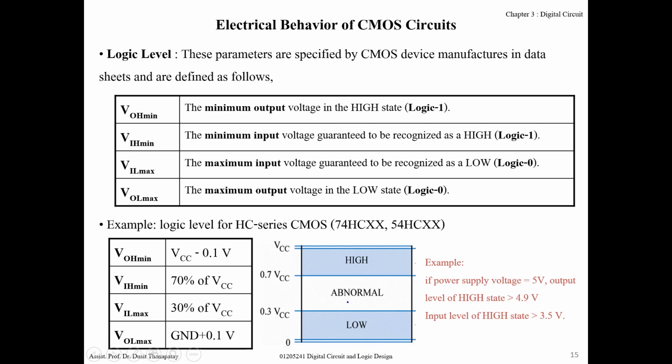Anyway, if you consider the output of a logic gate, the signal at each point in the circuit must be logic high, with a minimum value of 3.5 volt, right? If the output from this logic gate is 3.5, what happens?